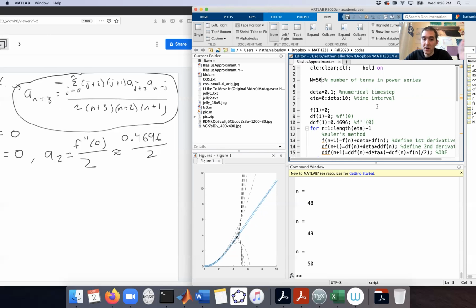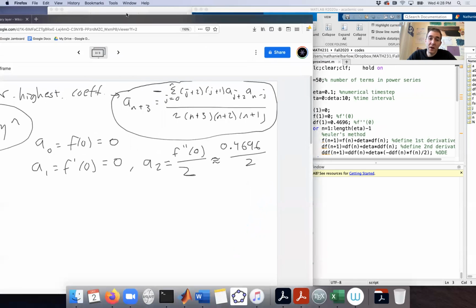The actual solution goes to something that's linear as eta goes off to infinity, and the power series solution can't do that. It just doesn't have the capability of doing that. You're adding new powers in your series, and also it diverges due to singularities, which we cannot really tell where they are.